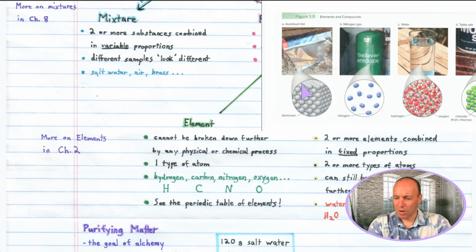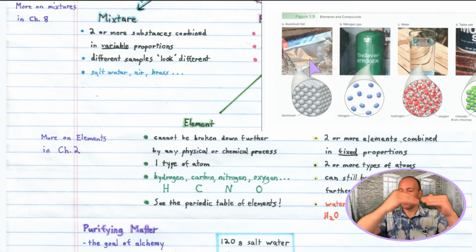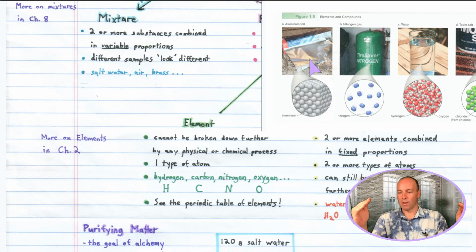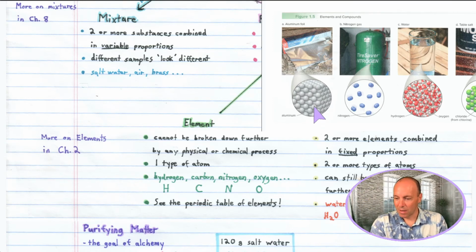So there it is, the aluminum foil. It's a solid, so all of these aluminum atoms are packed together, cram-packed. It's a rigid structure. I know you can bend the aluminum foil, but that's just the overall large foil. If you're zooming in on any submicroscopic area, the atoms are all locked together. So you only see one type of atom in here. Another example of an element is nitrogen gas.